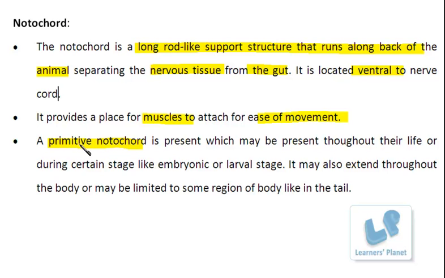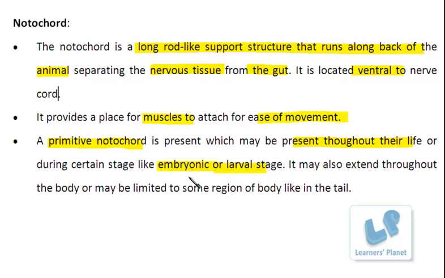It means that the notochord is present in these organisms either throughout their life, or it may be present partially during certain stages, like it may be present only in the embryonic stage, or in the embryonic as well as the larval stage, or in other organisms it may be present in the embryonic, larval as well as the adult stage. So this is what is meant by this primitive notochord.